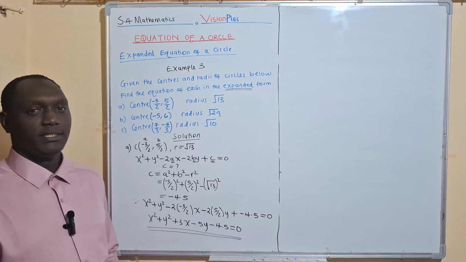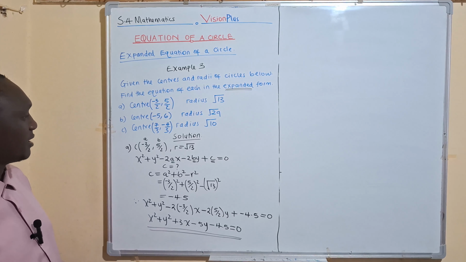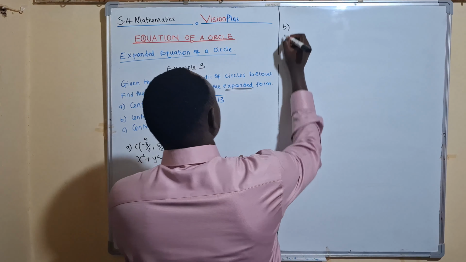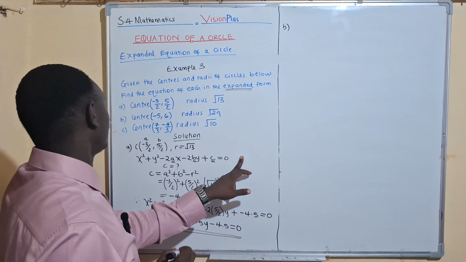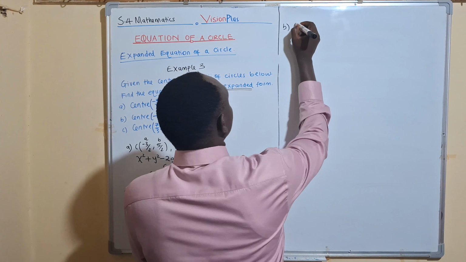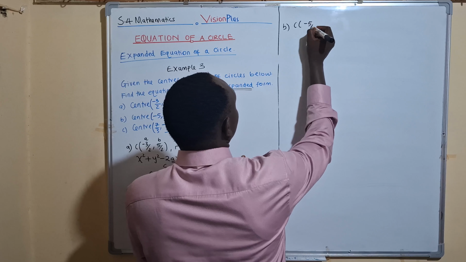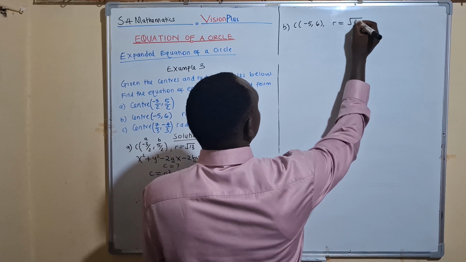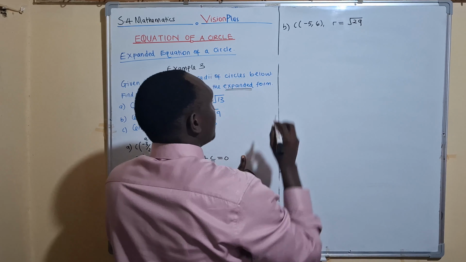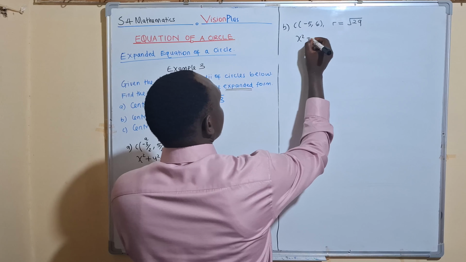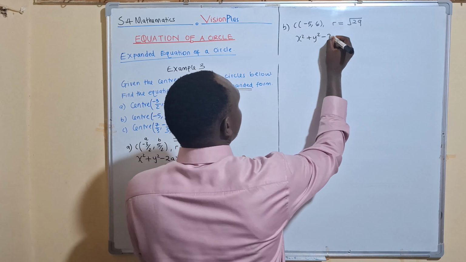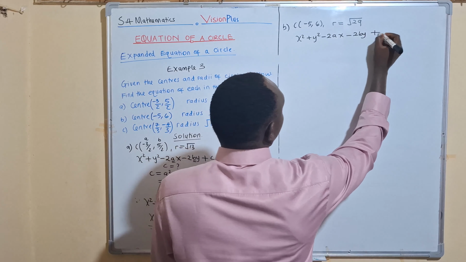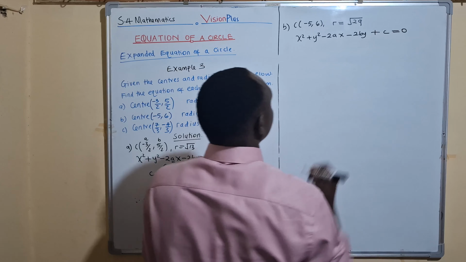And now going to part B, we shall approach part B in the same manner. Part B says that we have the center (-5, 6), and radius root of 29. This is very simple. What is the formula? X squared plus y squared minus 2ax minus 2by plus c equals to 0.